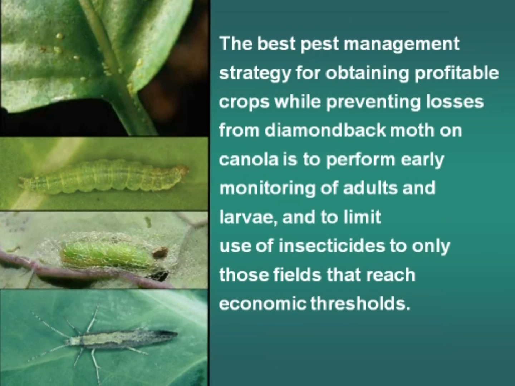So in summary then, the best management strategy for obtaining profitable crops and preventing losses from Diamondback is to do early monitoring and to limit the use of insecticides to only those fields that reach economic thresholds.